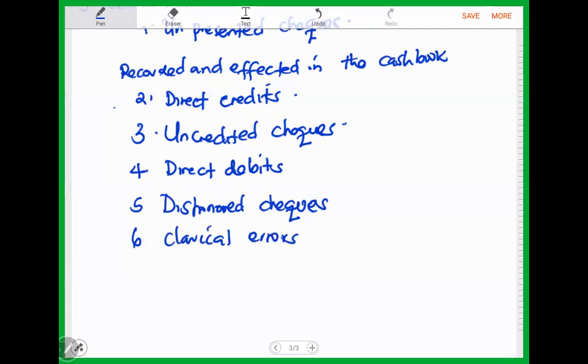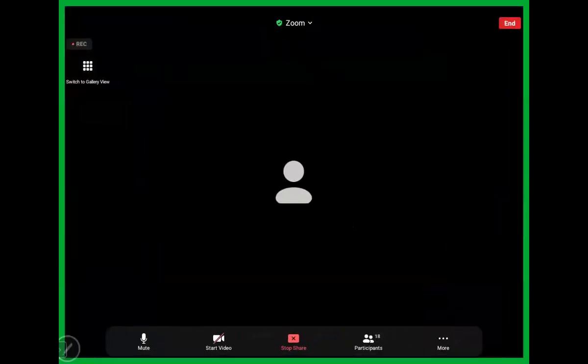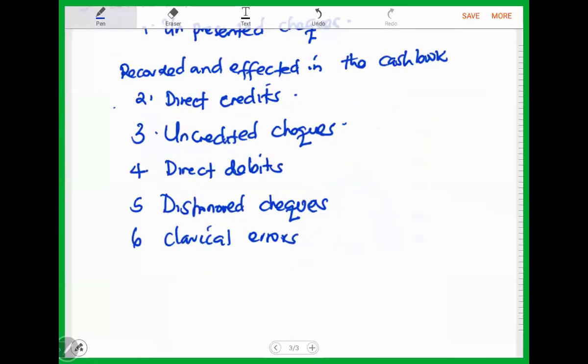Now you have to note that at all times, you should be in a position to know the different transactions that have to be corrected in this bank statement. You have got to know how this affects either the cash book or the bank statement.